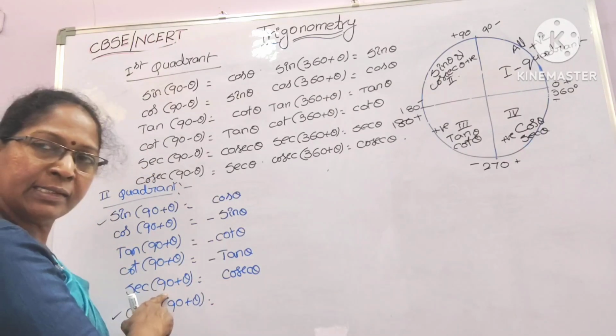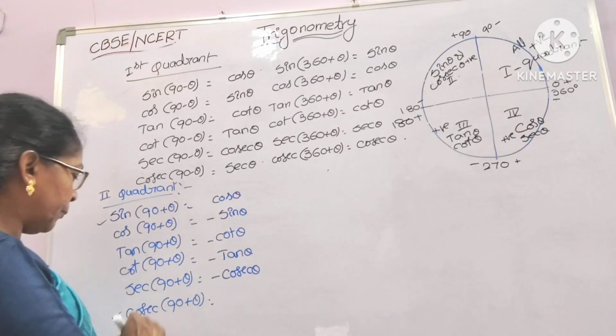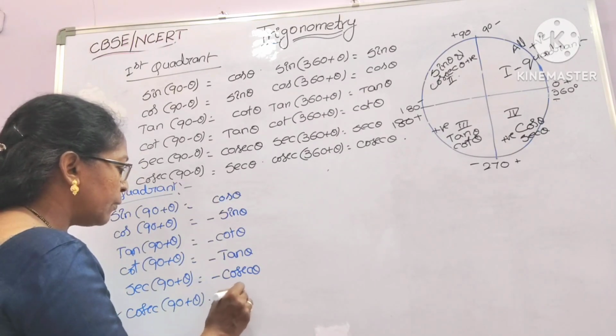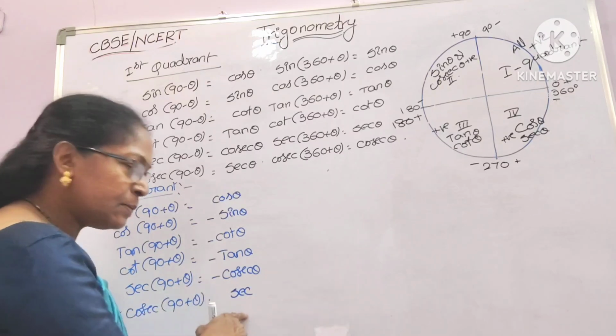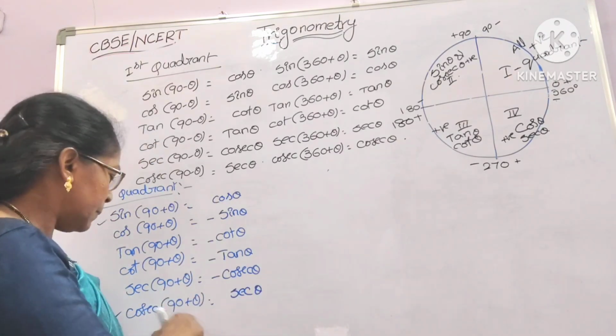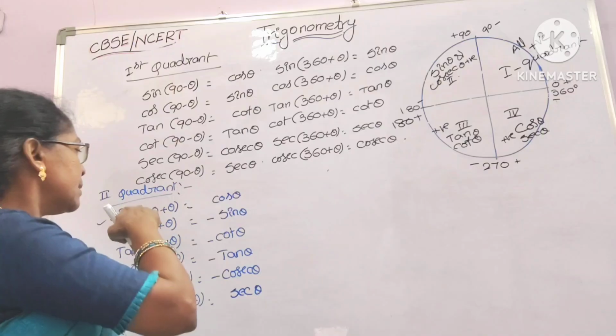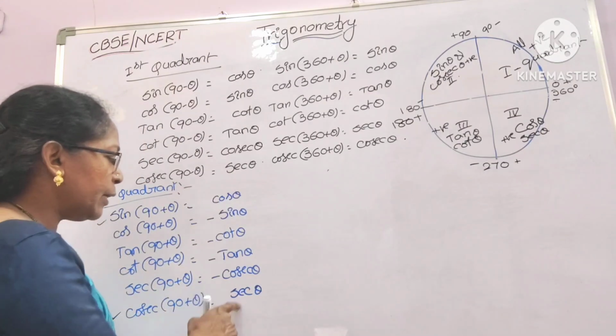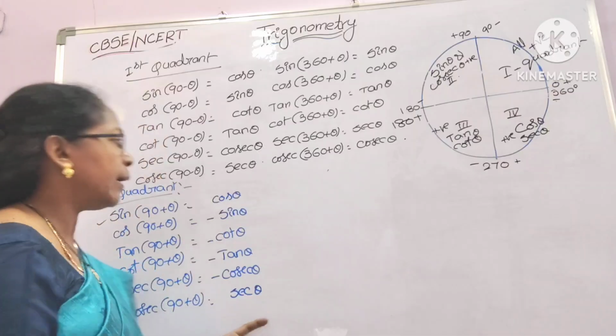In the second quadrant, secant is also negative. Cosecant 90 plus theta, 90 means again it converts. Cosecant becomes secant theta. And in the second quadrant, cosecant and sin both are positive, the remaining all are negative. So cosecant came here, so it becomes a positive value.